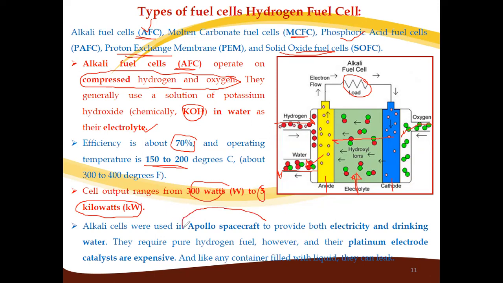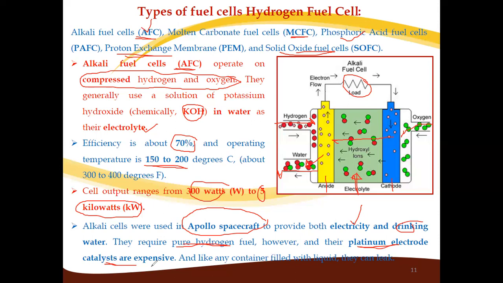The alkali fuel cell was first used in the Apollo spacecraft to provide both electricity as well as drinking water. This alkali fuel cell requires pure hydrogen fuel, and the platinum electrode catalysts are expensive.